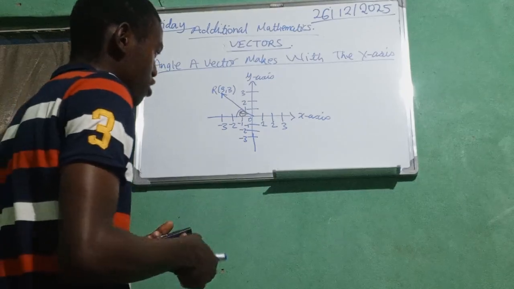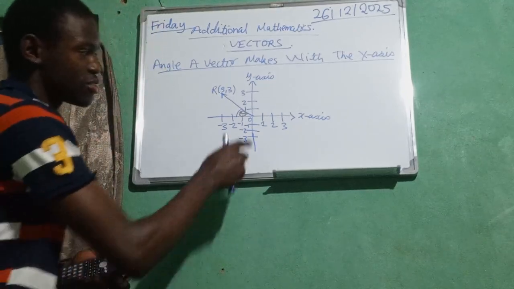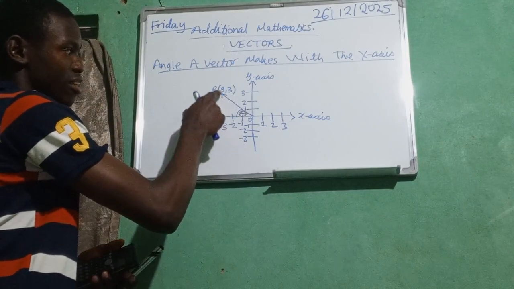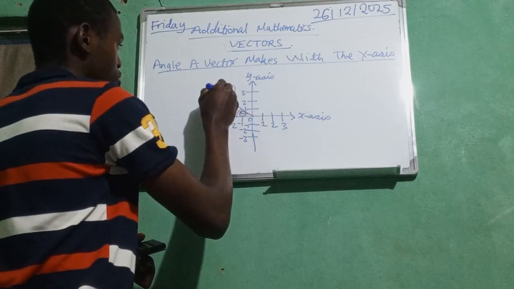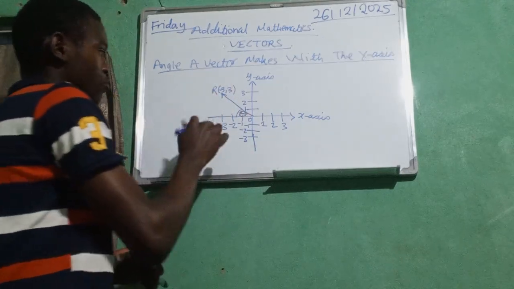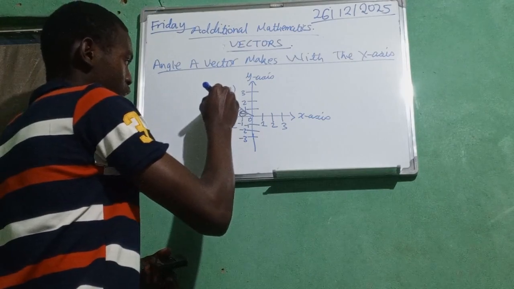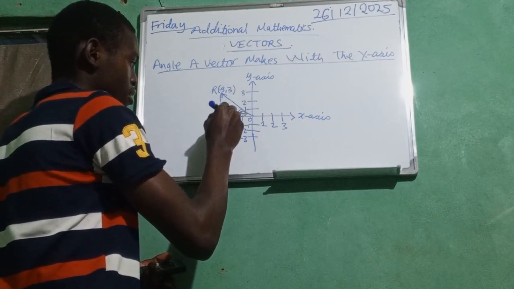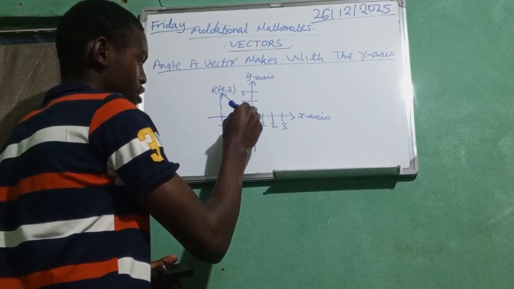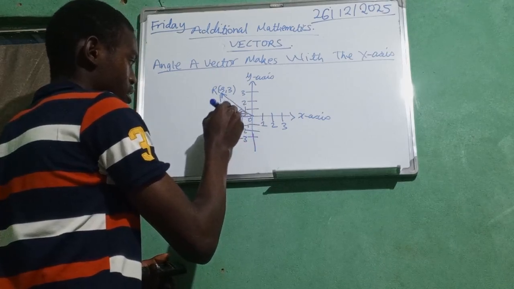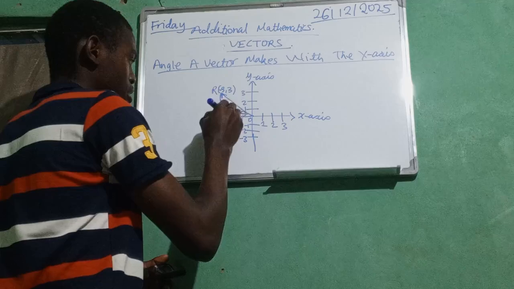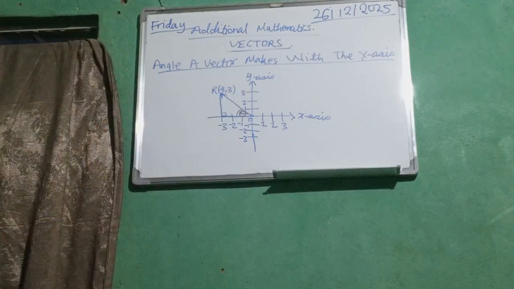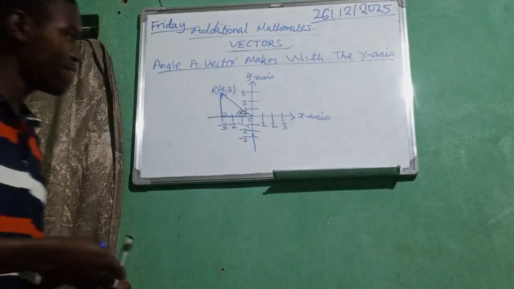So the vector is going from there, it's going like that. Sorry, the coordinates were -3, 3. So you complete the triangle like that, such that you form a 90-degree triangle like that.